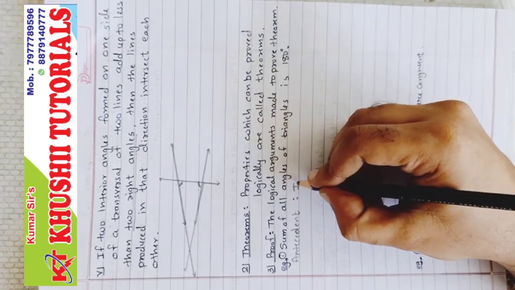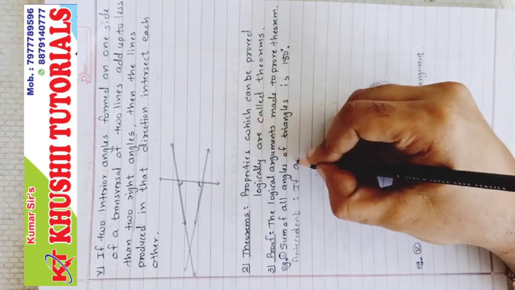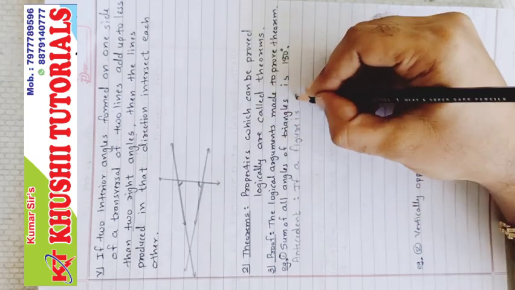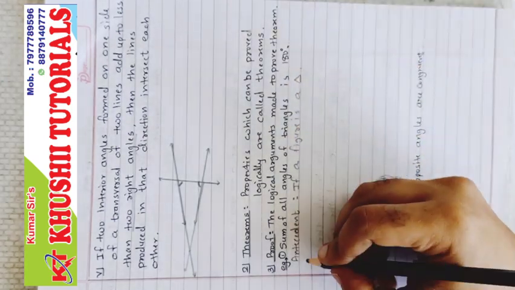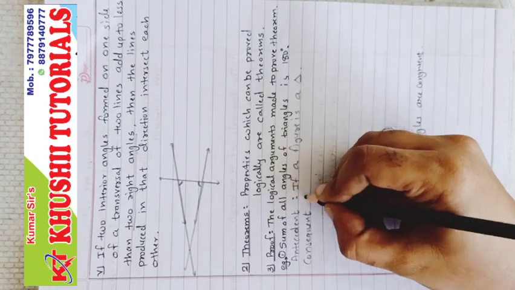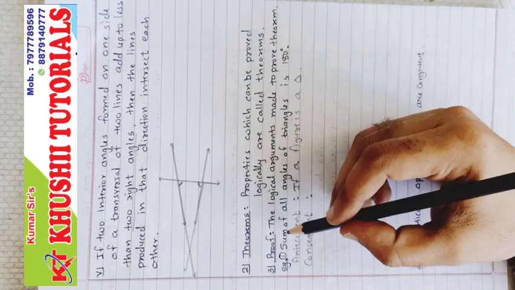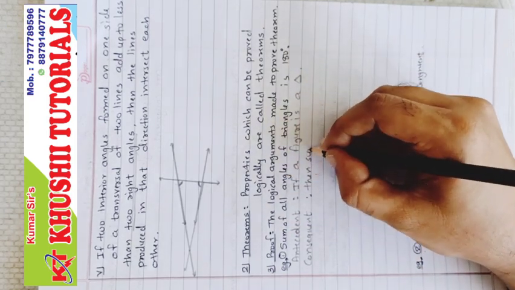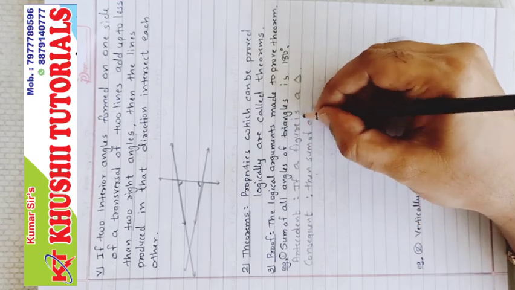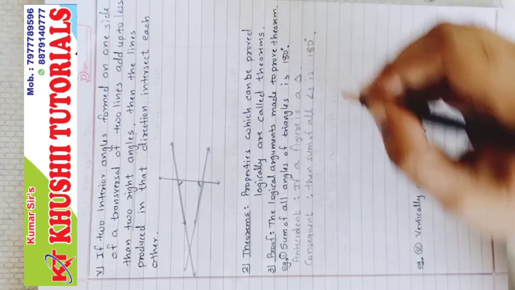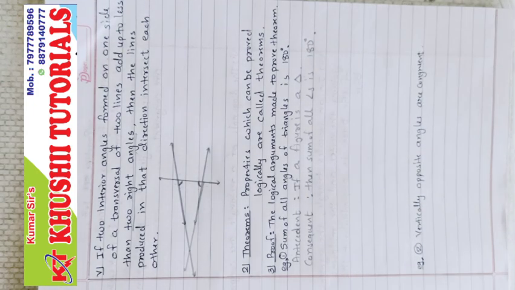So if a figure is a triangle, then consequent. If a figure is a triangle, then the sum of all angles is 180 degrees. Then the sum of all angles is 180 degrees. This is the consequent. Now we will prove.